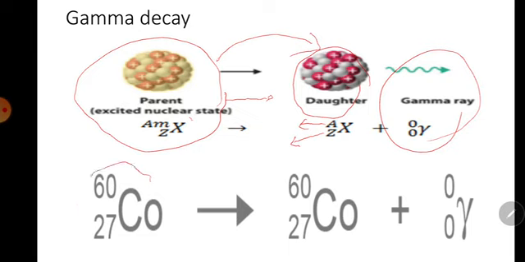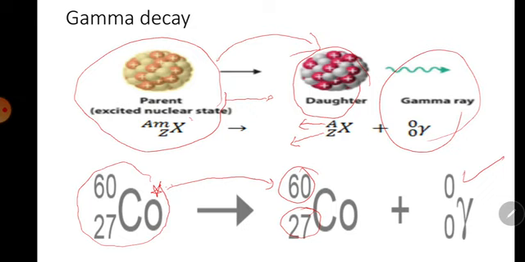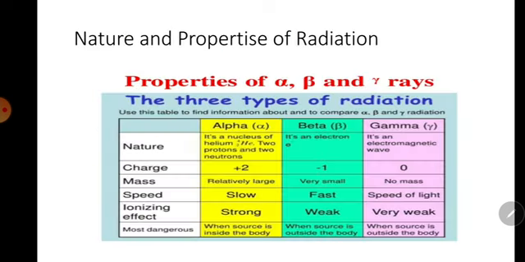So cobalt 60, 27 is an unstable nucleus, because let's say it gains energy from somewhere. When it releases energy, its atomic mass number and charge number remain the same with the release of gamma rays. So gamma decay takes place when a nucleus absorbs energy and goes to an unstable state.